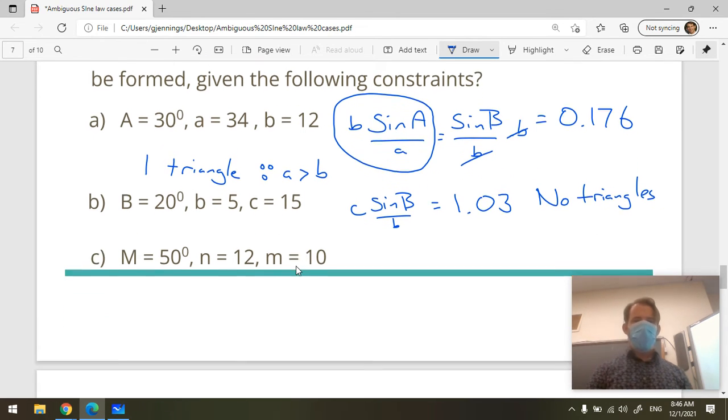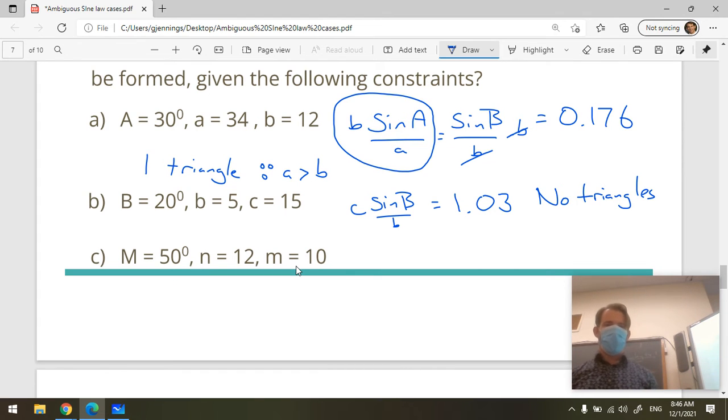Okay. And then we have one more situation here to take a look at. If m is 50 degrees, n is 12, and m is 10, then we could create this expression, the sine of m over m multiplied by n is equal to, and then you just plug that on your calculator.